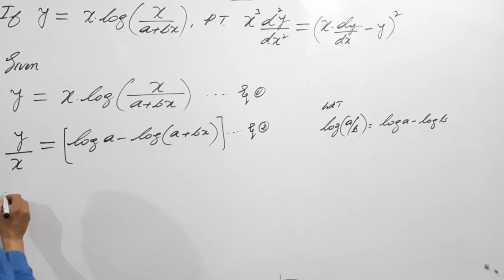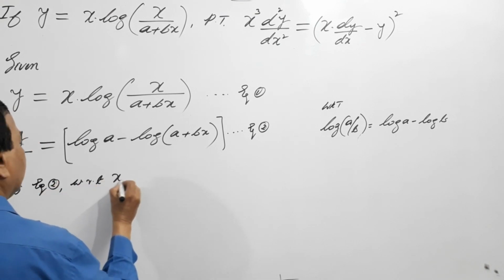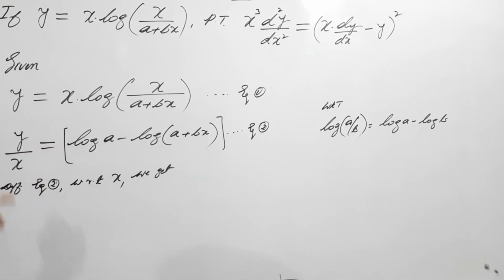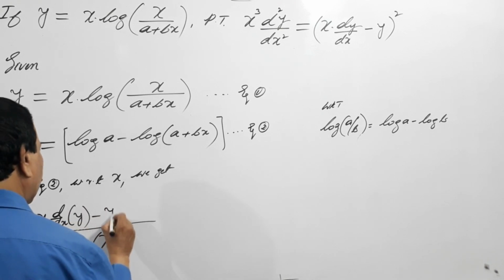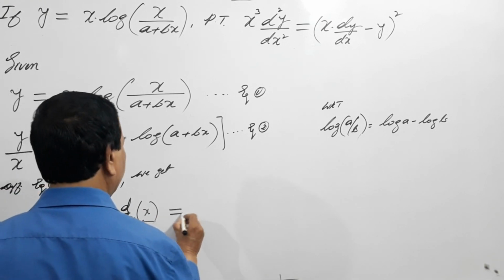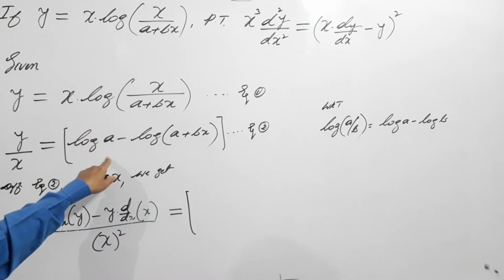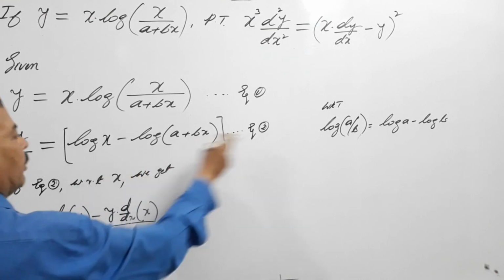Now, differentiating equation 2 with respect to x, we get, use the quotient rule here: x squared in the denominator, x into d by dx of y minus y into d by dx of x on the left hand side, and on the right hand side, this is log x, sorry, this is log x.